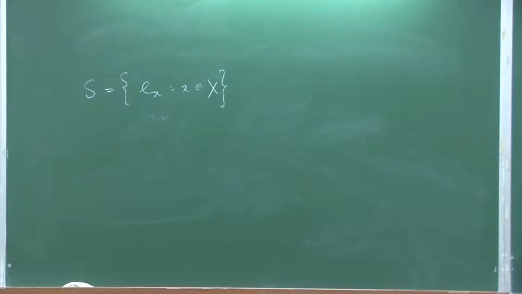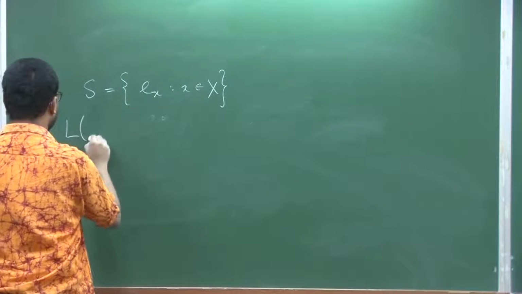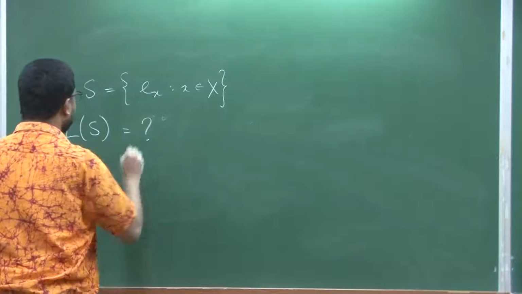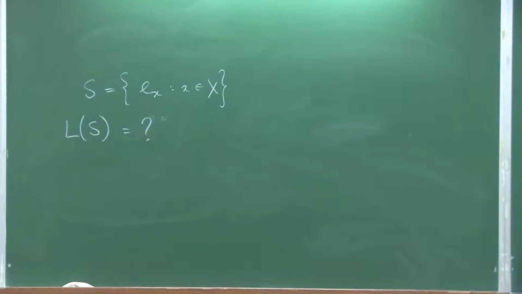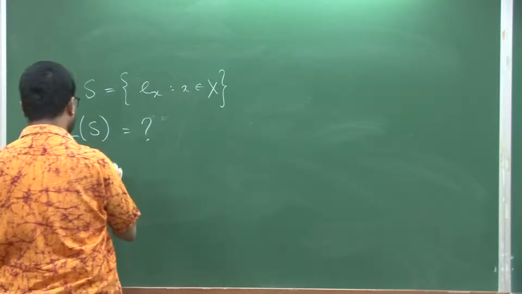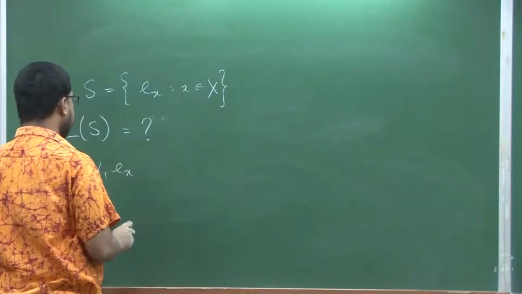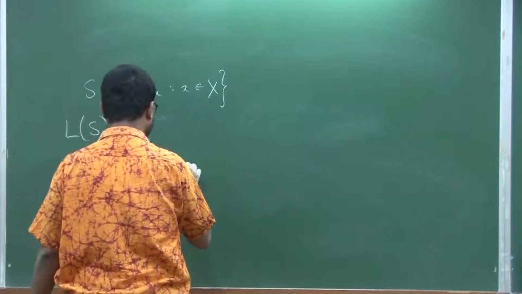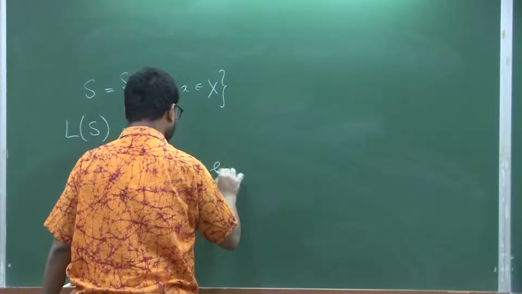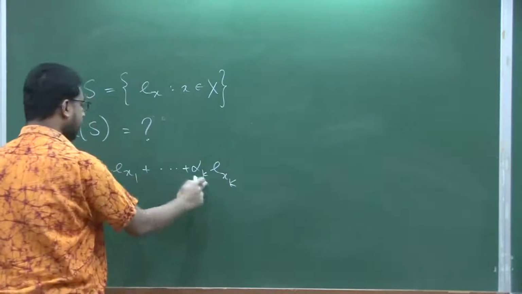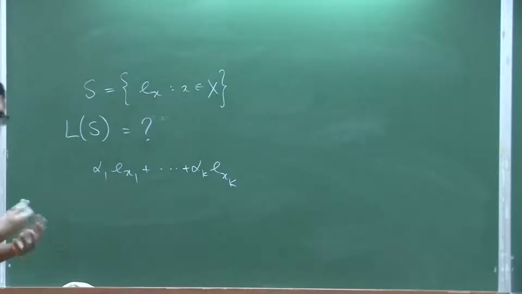The question is, what is its linear span? As I said, a typical member in the linear span of S will look like the following, for some alpha 1 up to alpha k, x 1 up to x k, and k.